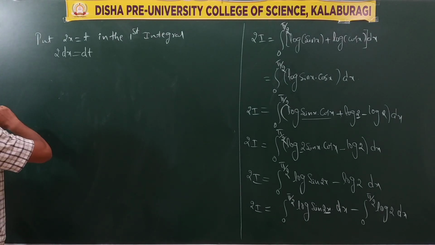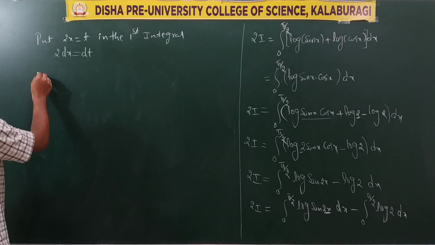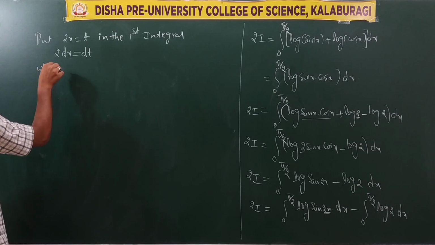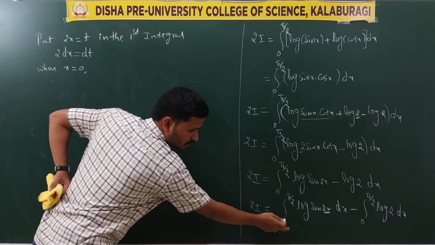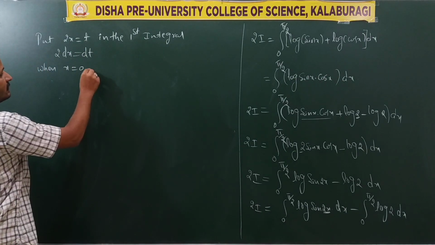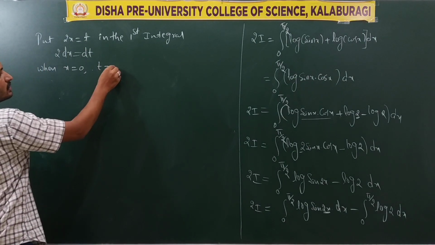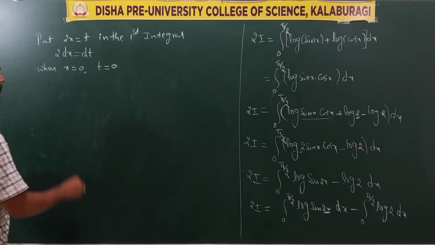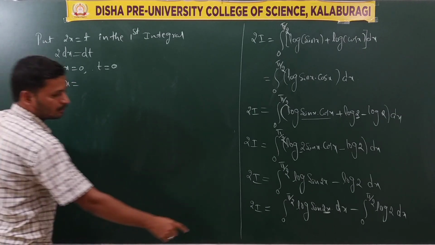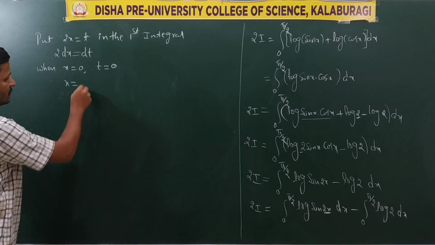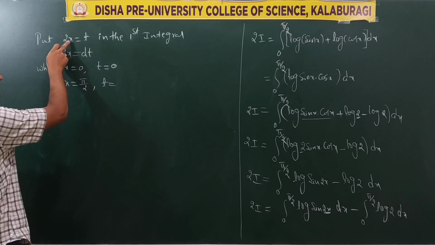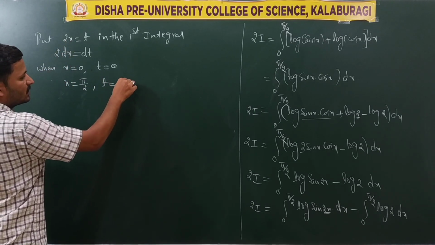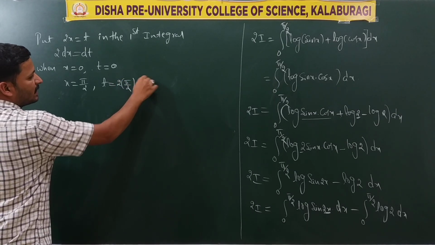And the limits of the integration: when x is equals to 0, then t value is 0 because 2 into 0 is 0. Next, when x is equals to pi by 2, then t value is 2 times pi by 2, that is pi.